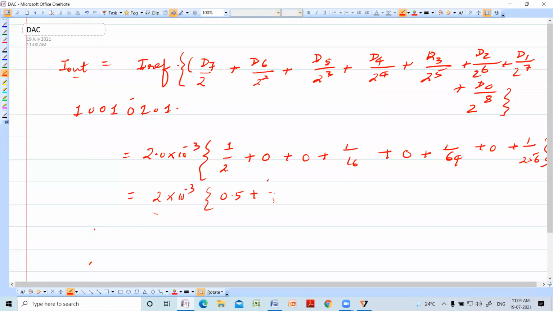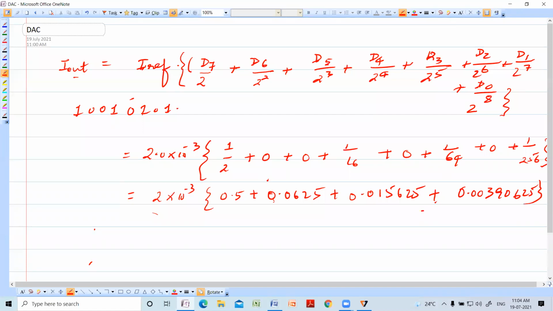So this is 0.0625 plus 1 by 64, 0.015625, plus 1 by 256, which is 0.00390625.